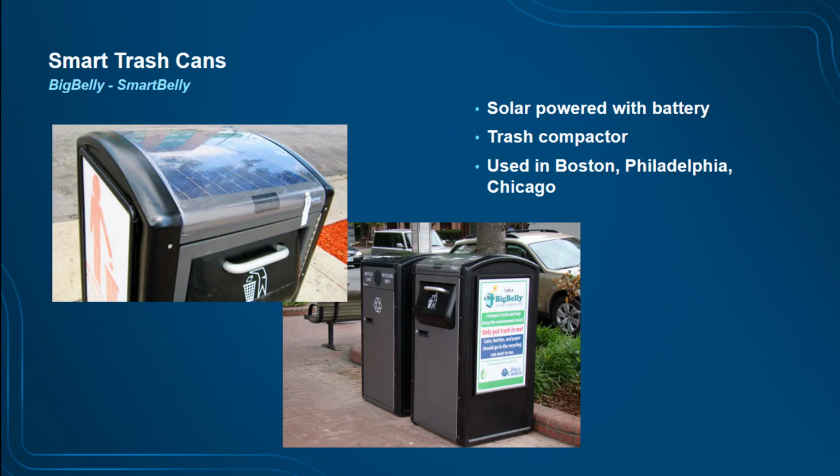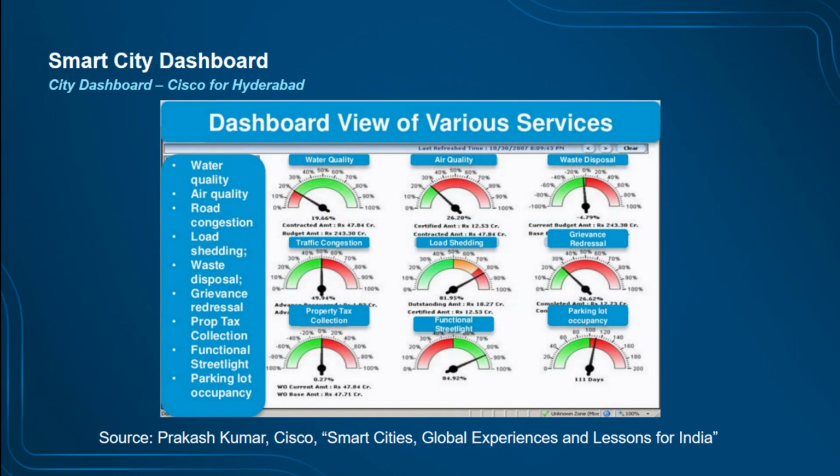It's said to be 5 to 10 times more efficient than a typical trash can that gets full quickly, but this one compacts so you can collect more trash. This one costs about $3,700 as opposed to your typical wire mesh trash can at $100. I don't know how much money the city will save. From the statistics, I think Philadelphia deployed 12,000 of these cans. 12,000, so millions of dollars.